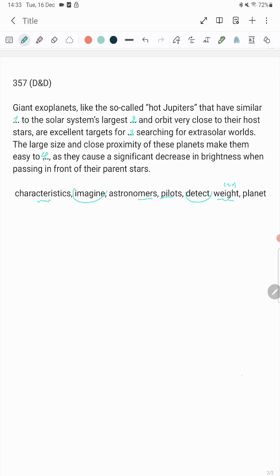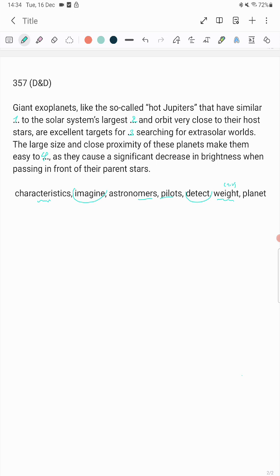Okay, let's go to the example. Giant exoplanets, we don't need to read everything, only quickly read the context. The giant exoplanets, so-called hot Jupiters, that have similar... I'm not sure, sorry guys. If you can check this, tell me.